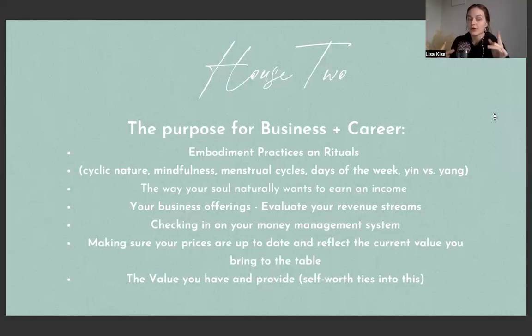But at the very top, where I have the first point, something else that can really come through in house two is embodiment practices and rituals. There's a spelling mistake. There's always one spelling mistake with what I do. But any kind of, so house two can also be very connected to cycles and nature and Mother Earth and grounding, right?